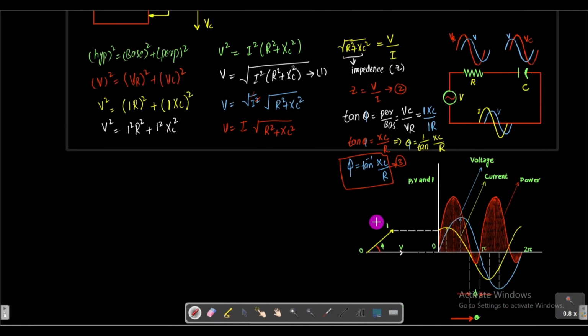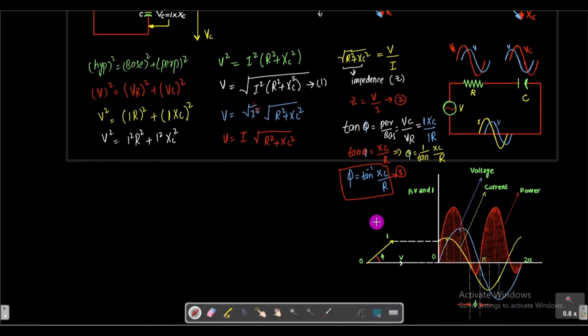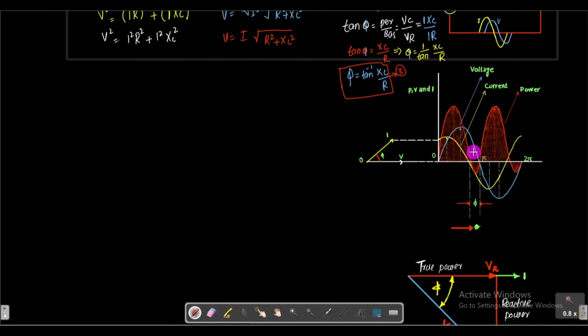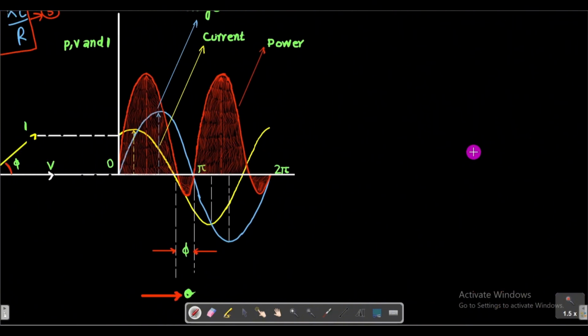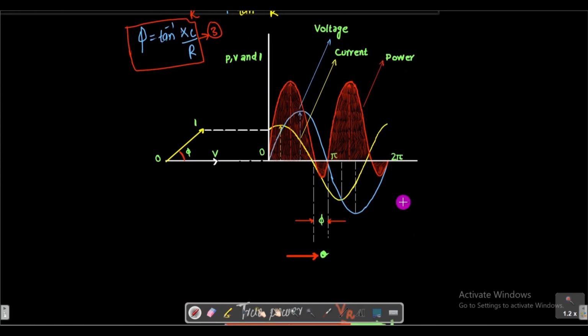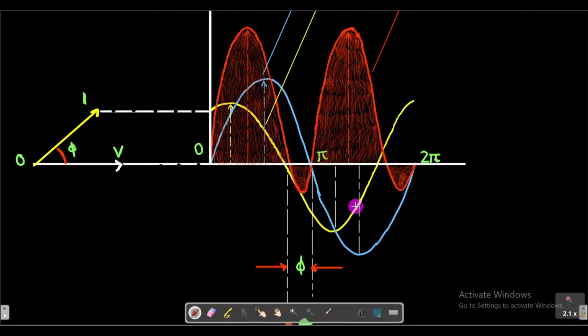Okay, so now we have to discuss the power. We have this diagram for the power, which is actually the power for the RC series AC circuit. For that we have this current I, the yellow one, which is leading this voltage.